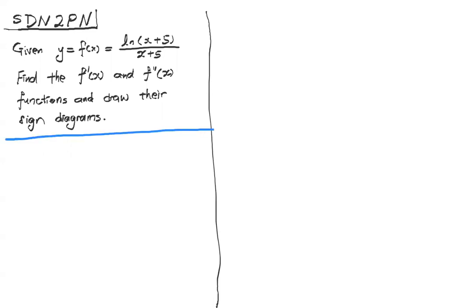So this one you have to use the quotient rule. u is equal to ln(x + 5), and v is equal to x + 5.